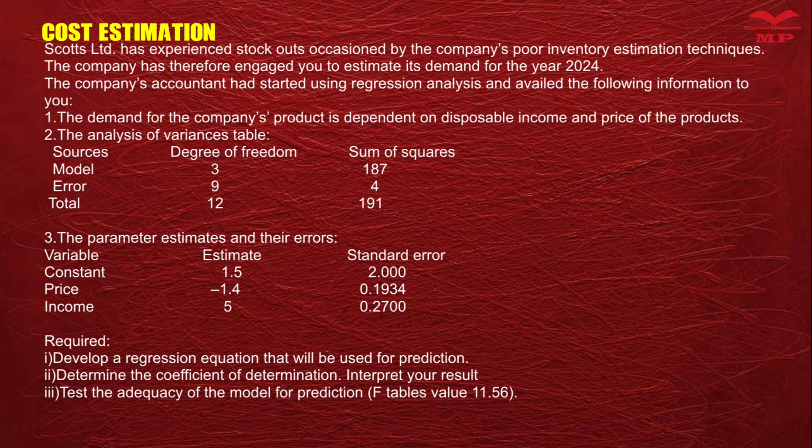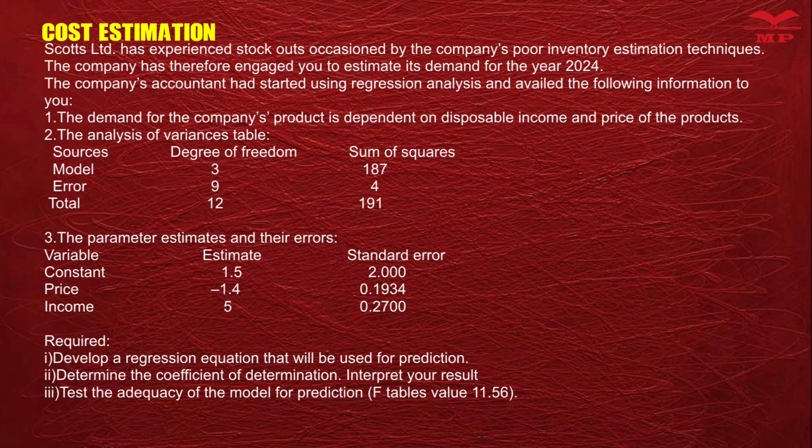From note number 3, you can see the price is negative 1.4. So we have plus negative 1.4 x1. Then the next independent variable is the income, and the income is 5.